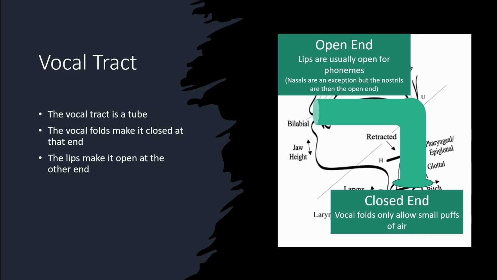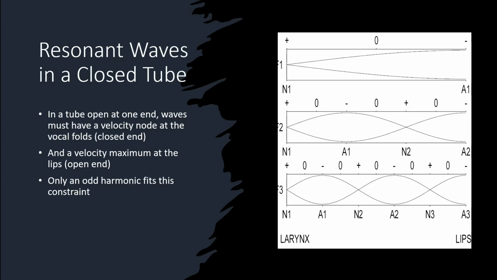So we'll talk about that later, but essentially what you need to know is any sound you're making, vowel, consonant, you've got an open end of the tube and a closed end of the tube. Specifically, we're going to talk about vowels and semivowels right now because it's easier to think about that way. But we've got a closed end and an open end. So this is where we bridge the gap between anatomy and physiology and the tube that you learned how to calculate the resonant frequencies of.